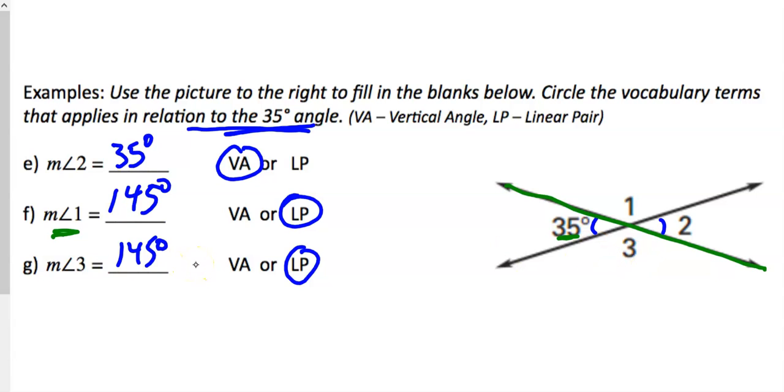So subtract from 180, and that would be 145. If you notice here, you've got another set of vertical angles. 1 is congruent to 3. Okay? So those are vertical angles.